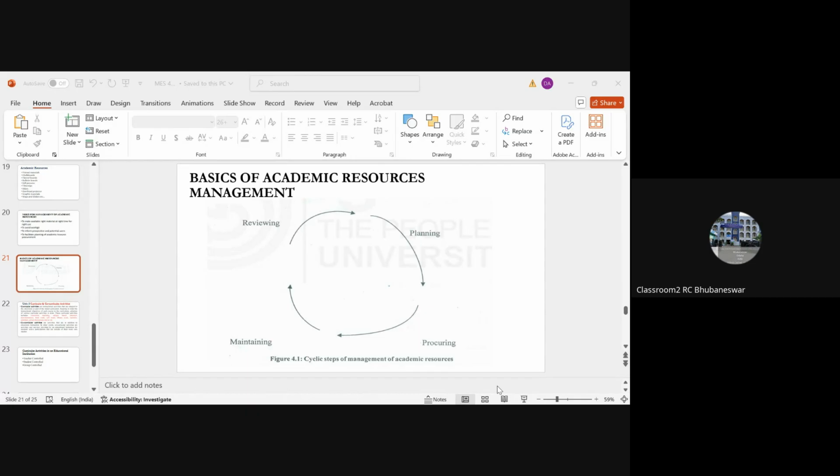Accountability must be fixed. Storage. All the material or resources should not be put outside. Proper storage should be taken into consideration. Periodical inspection. Twice in a year or once in a year at least. All the materials should be inspected, verified. Then stock verification.